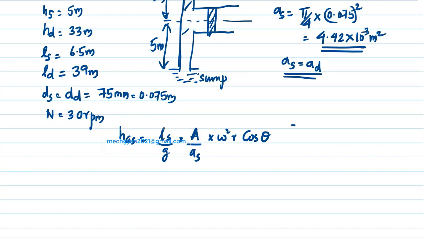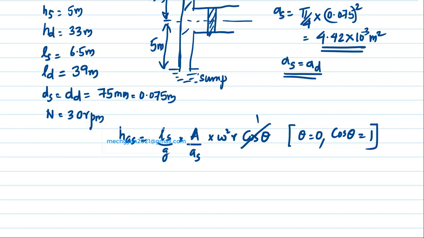Now at the beginning of the stroke, we have theta equal to 0, so cos theta will be cos 0, that is equal to 1. So that is equal to ls by g a by as omega square r.